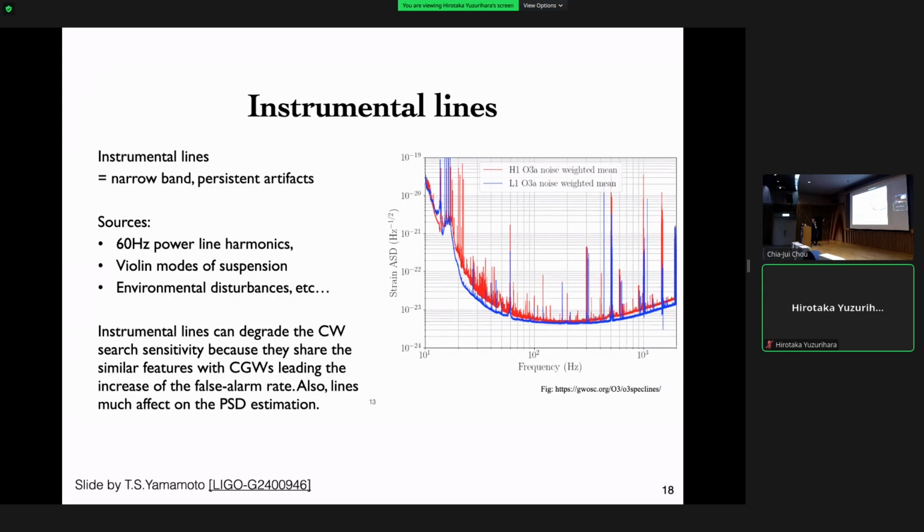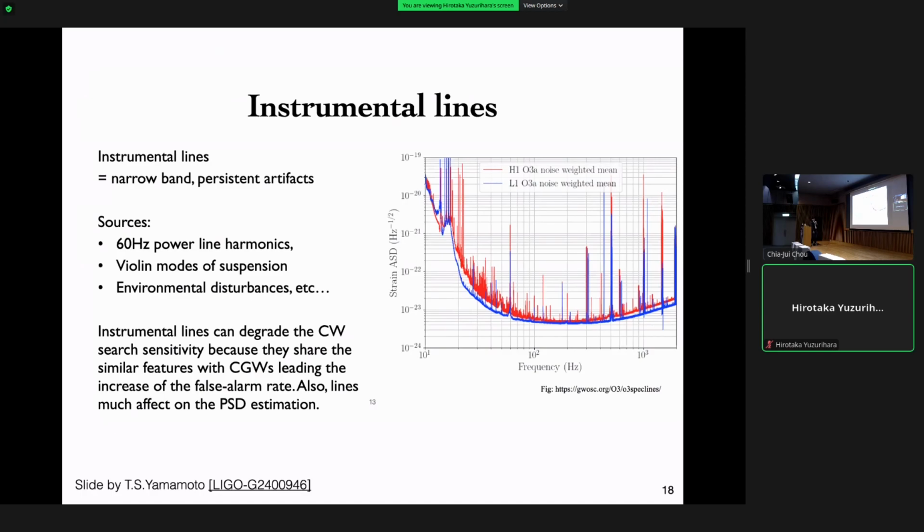I explained the power line, and also the violin modes of the suspensions. The mirrors are suspended by fiber or wire, and due to such things, line noise at specific characteristic frequencies appears on the ASD.